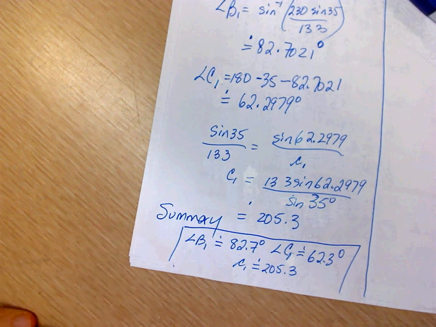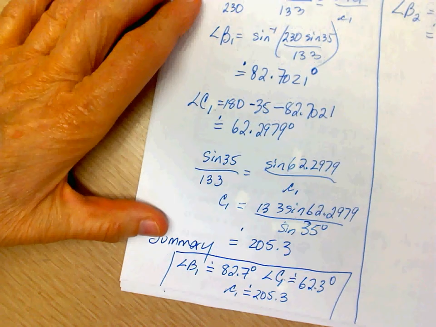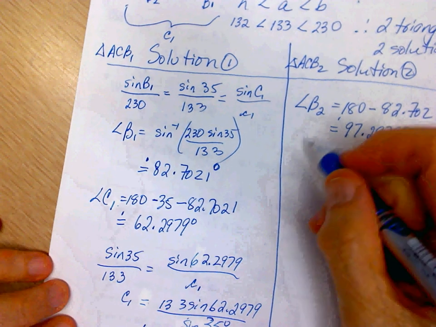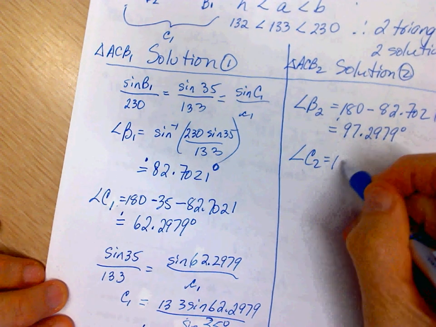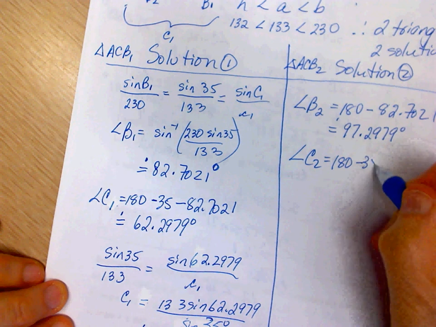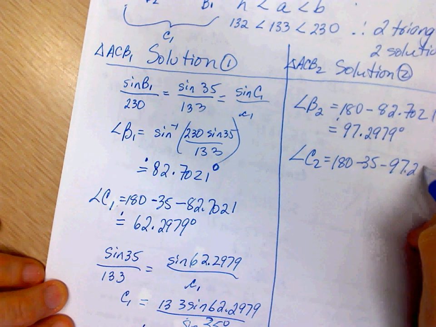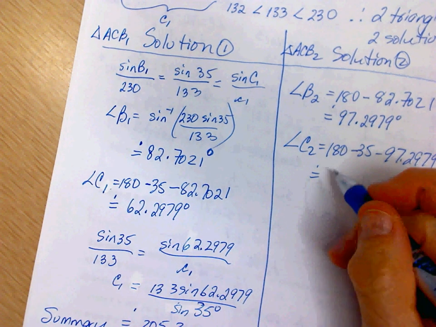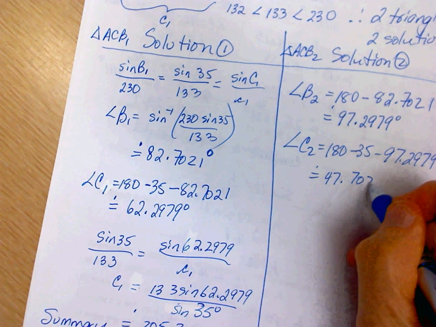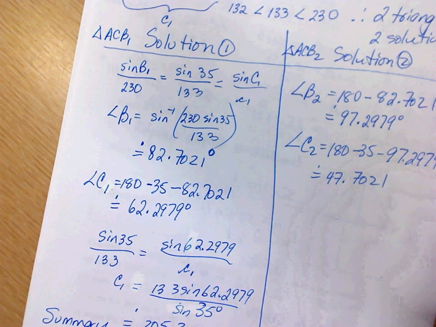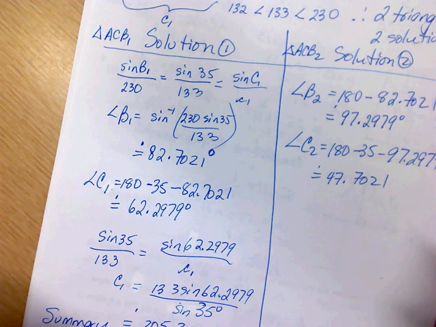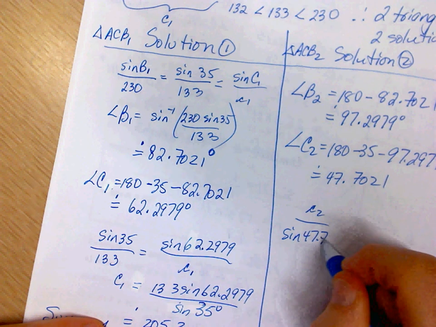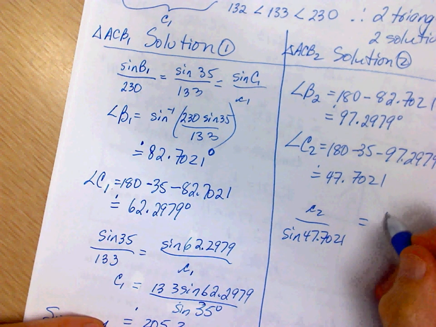Can I explain anything better? We have to do solution 2. Angle C2 is equal to 180 minus 35 minus 97.2979, and that's approximately equal to 47.7021. So C2 over sine of 47.7021 equals 133 over sine of 35.